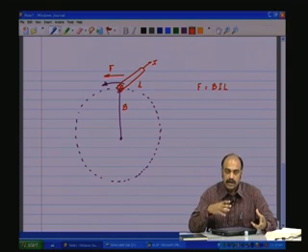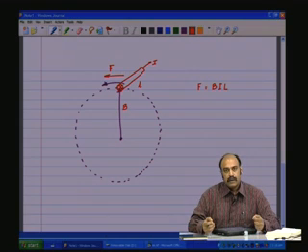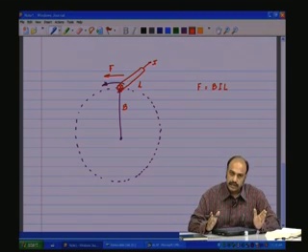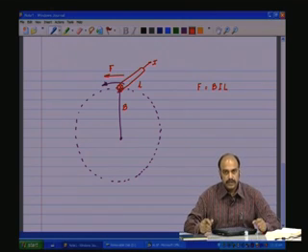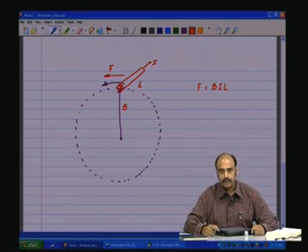Initially, when the rotors are not moving, the field is rotating at whatever the applied frequency, and there is a very large relative speed between the rotating magnetic field and the stationary rotor conductors, and therefore that is going to induce a very large current in the rotors, which is going to give you a huge torque.